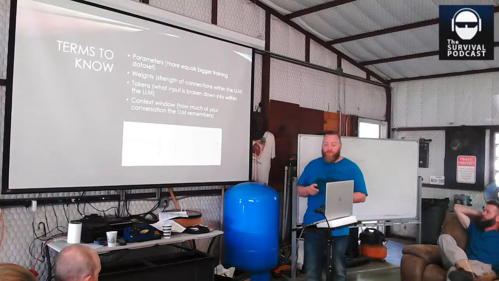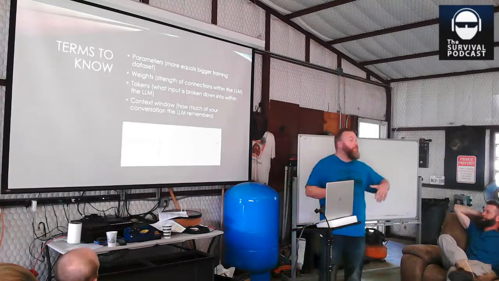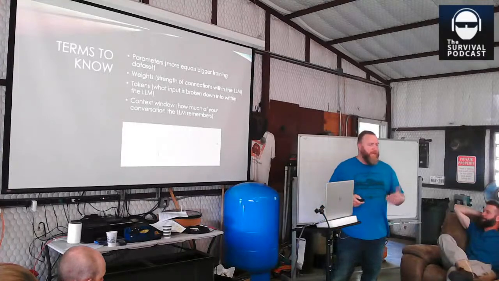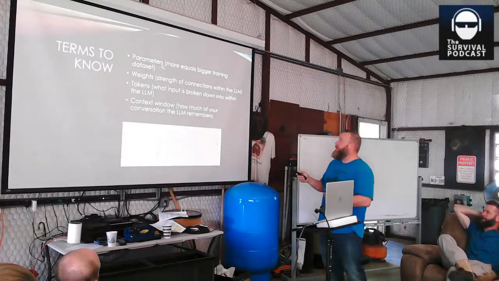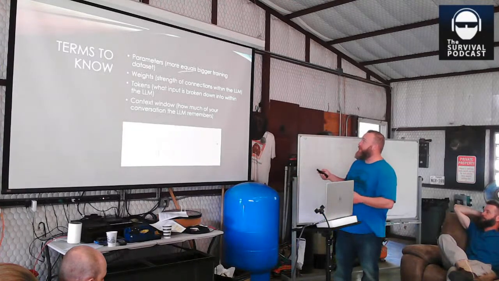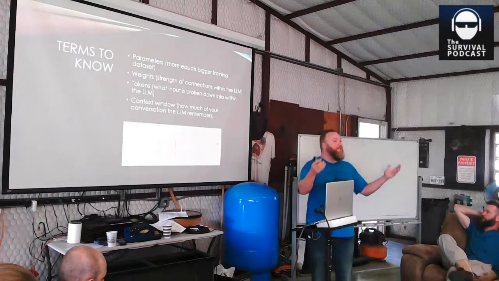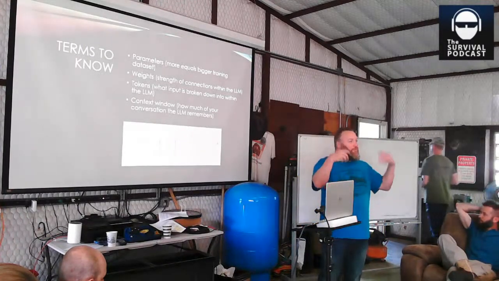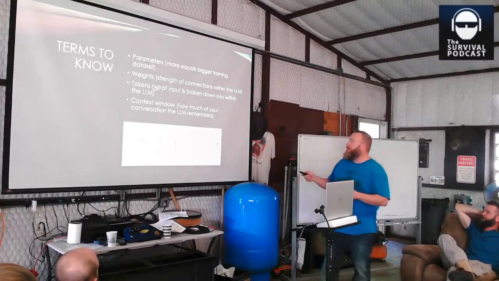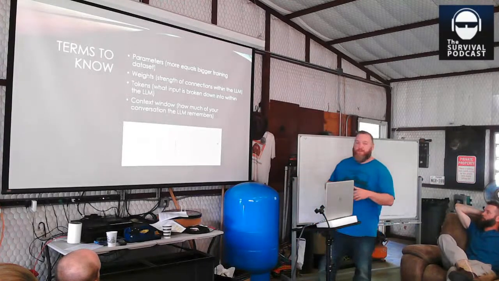Here are some other terms that are important to know, or at least you'll see them, so it makes sense to understand what they are. Parameters: more parameters equals a bigger training data set. So we talk about 10 billion, 100 billion, et cetera. The weights are the strengths of the connections within the LLM.